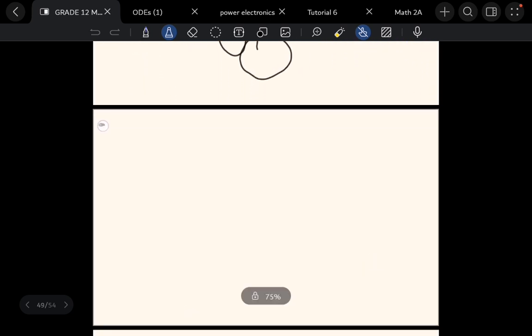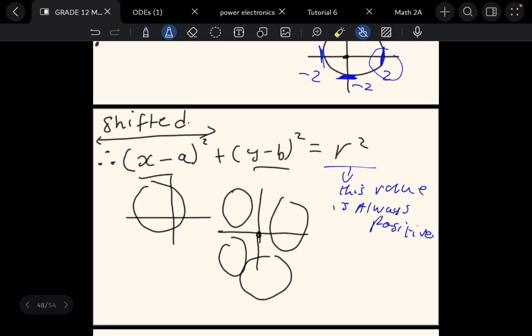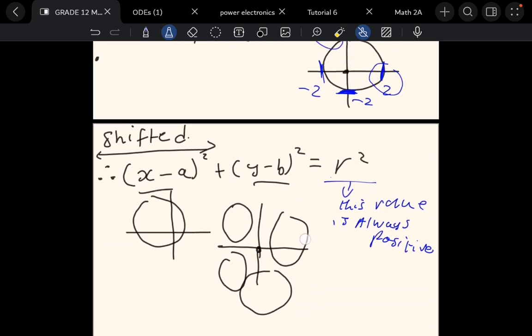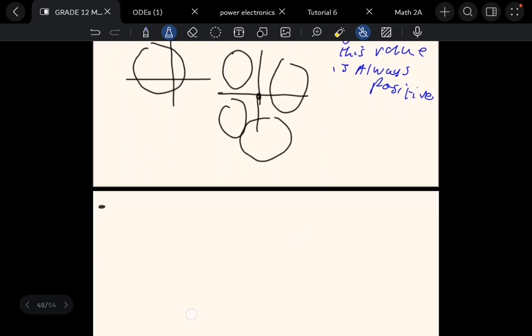The next one, I am going to talk about simple properties here. Tangents.